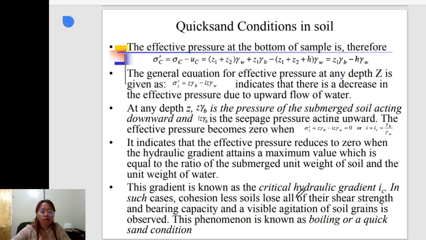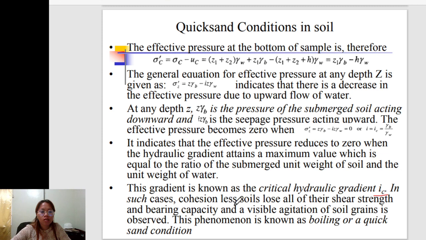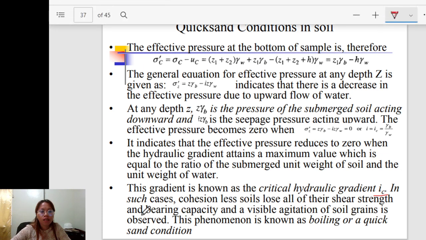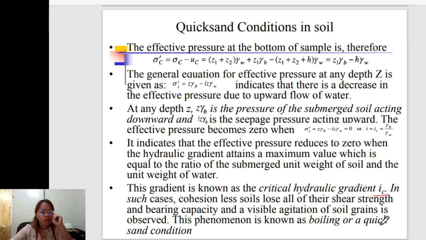This gradient is known as the critical hydraulic gradient i sub C. In such cases, cohesionless soils lose all of their shear strength and bearing capacity, and visible agitation of soil grains is observed. This is known as boiling or quicksand condition. The soil type for this condition is the cohesionless soil type.